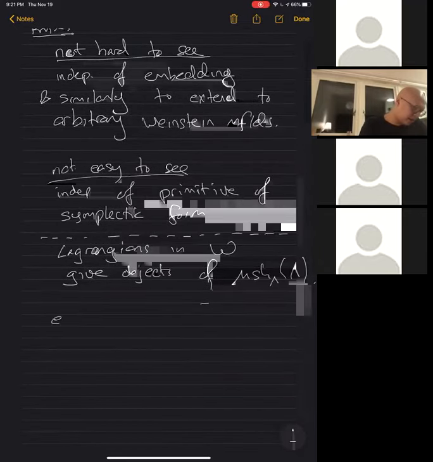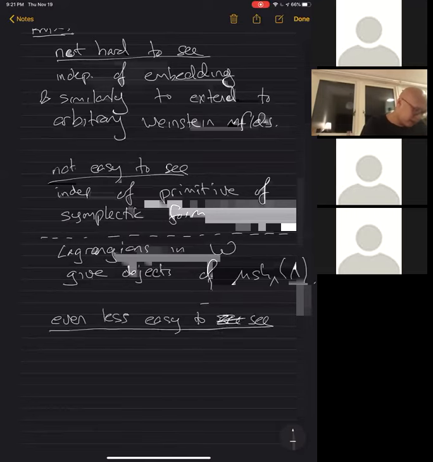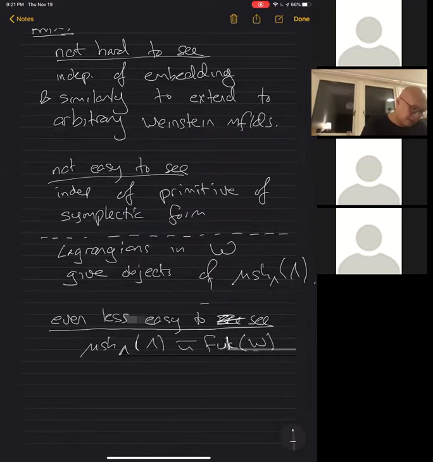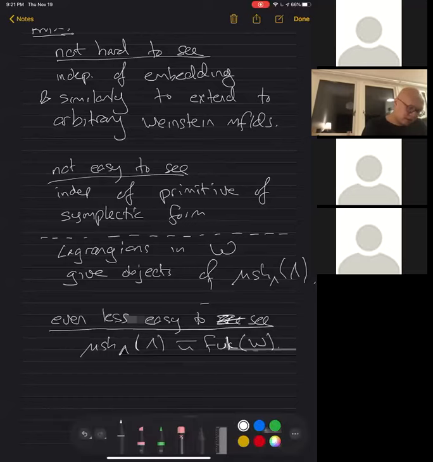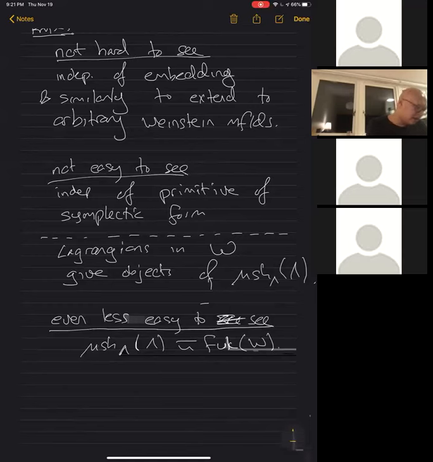And of course, maybe even less easy to see is that this mu sheaves of lambda is in fact isomorphic to the Fukaya category of W. So let me now comment about these.